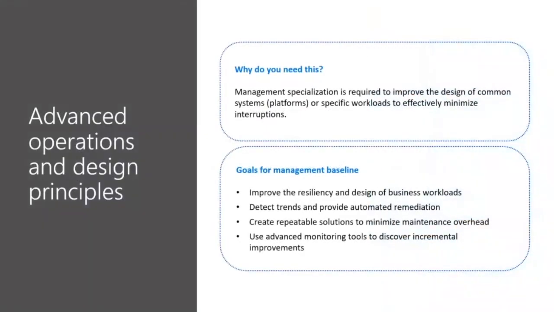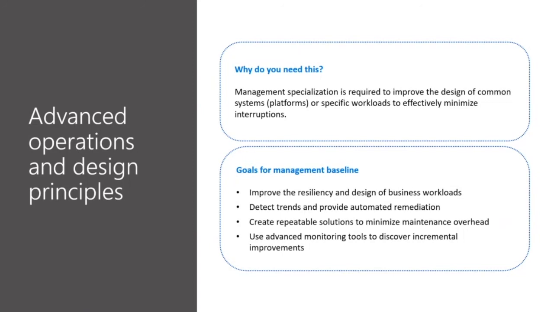Then there are specialized and advanced operations, which are for a specific workload and basically minimize interruption. For example, if you are running a critical workload like SAP, or a workload doing a very critical process for an organization, then these are specialized workloads. For these, you define the complete process again.